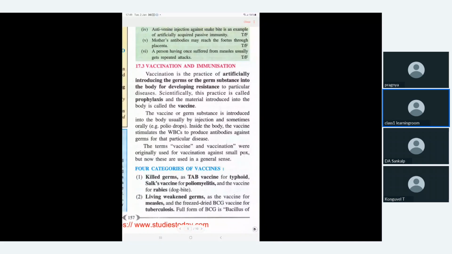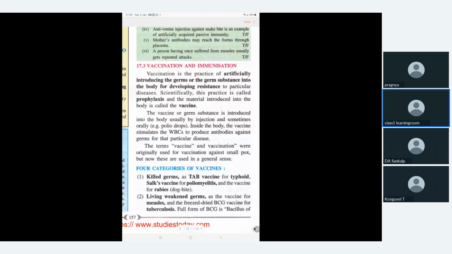And then live weakened vaccines, or they also call it disarmed pathogens. Maybe the bacteria are weakened, the efficiency is reduced. Such vaccines are called live weakened vaccines. In this method, diseases like measles and tuberculosis, living weakened vaccines are produced.